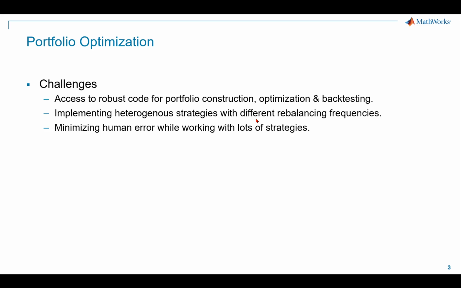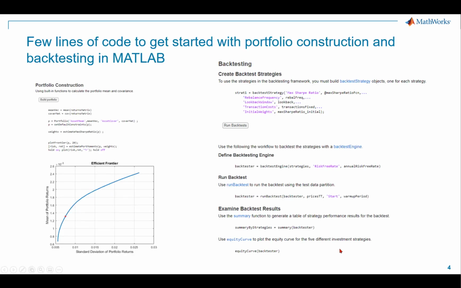Backtesting them is an involved task, and you need to be able to minimize human error while working with lots of strategies. MATLAB facilitates this task by providing access to the portfolio object and also the backtesting framework. Let's quickly switch over to MATLAB.